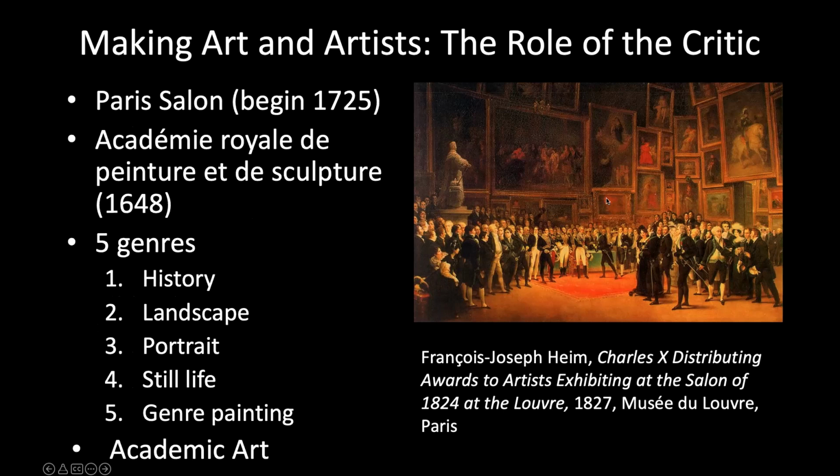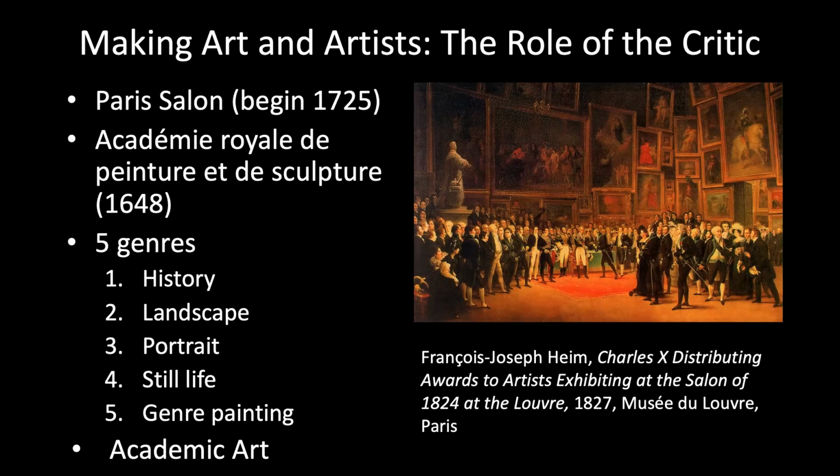So what kinds of paintings did this academy for painting and sculpture think were the most important or the best ones? These schools basically looked at painting and said there's 5 genres of painting. And this is an order, it's a hierarchy. So the one at the top is the most important. So I'll start with the bottom though, because that's what I like to do.